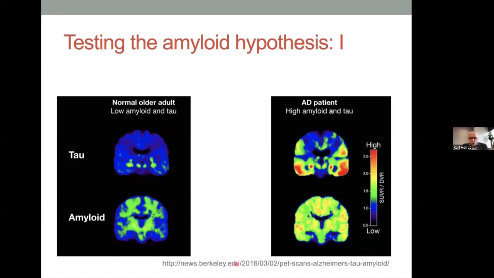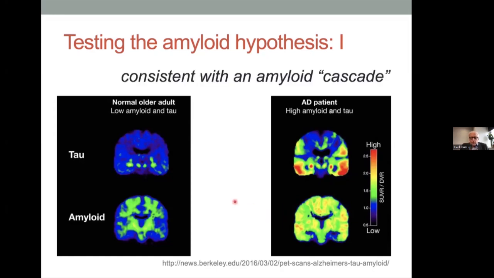And what this slide shows, and you can find dozens of these on the internet if you want to look, is that in a normal adult, the level of deposits is relatively low, whereas in these Alzheimer cases, the level of amyloid and tau deposition is relatively high. So this, of course, is perfectly consistent with an amyloid cascade.